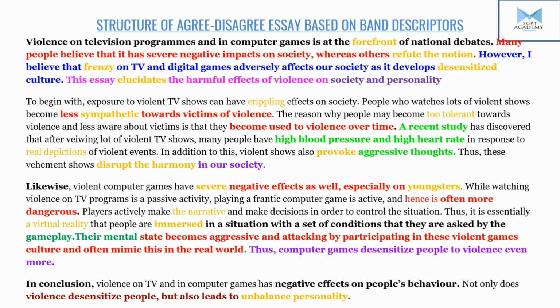Secondly, coherence and cohesion, that is, how far you have given the ideas in a systematic way and developed the points methodically. Third is the lexical resource, that is, vocabulary appropriate to the topic chosen. And the fourth is grammatical range, that is, the use of grammar and different sentence types.